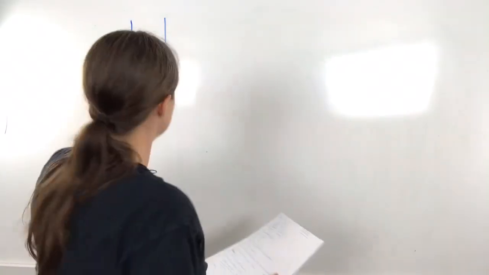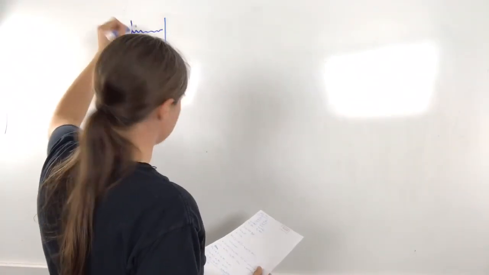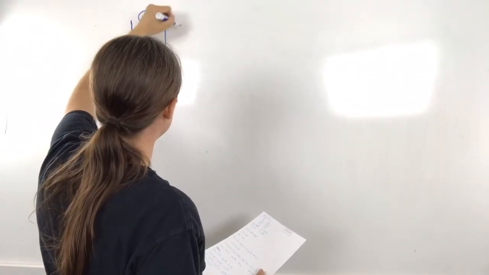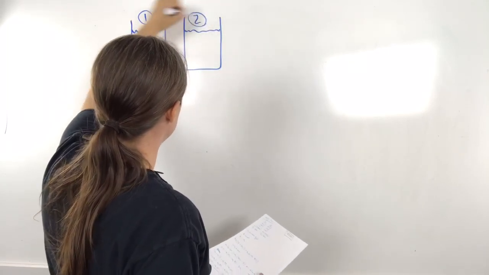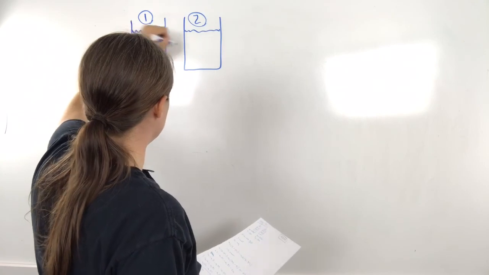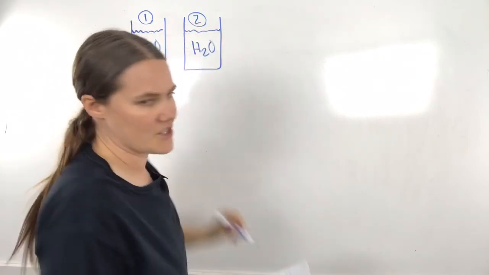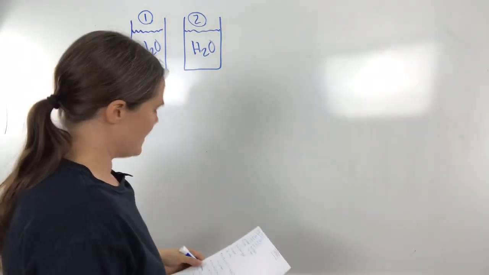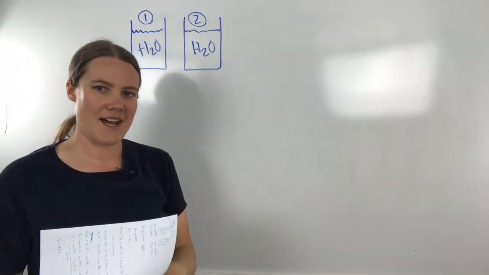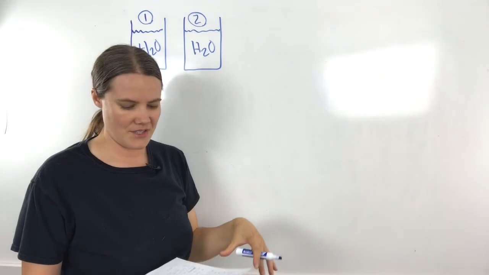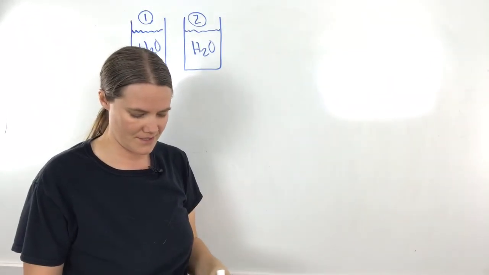So these are 2 cups of water, 1 and 2. These are H2O. And what we're going to do is mix these together and then calculate what the final temperature is.